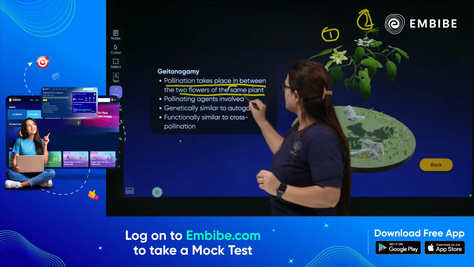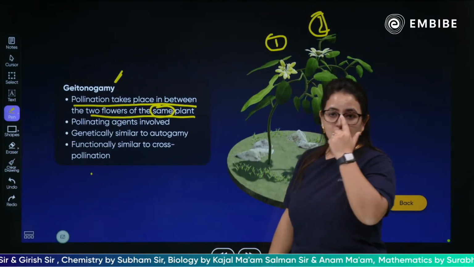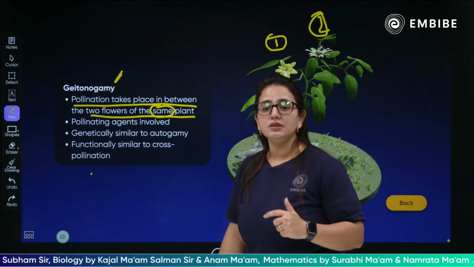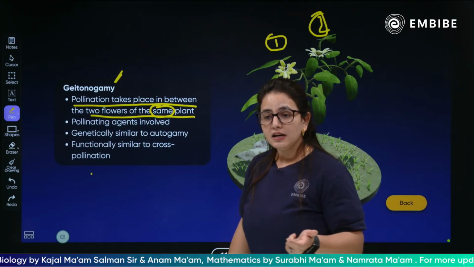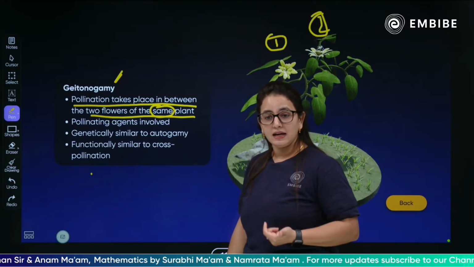This is very important when you discuss Geitonogamy: the transfer of pollen grain from the anther to the stigma of the same plant.